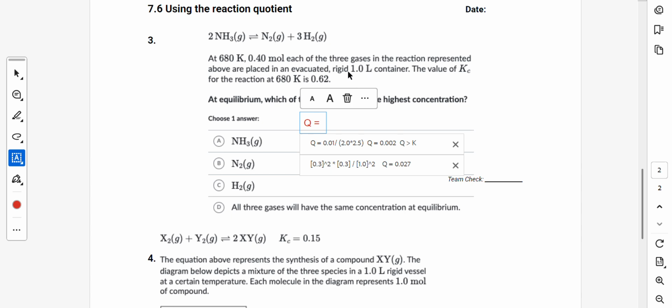Okay, so Q, let's just read the question again. So a 1 liter container, so moles divided by liters, that means this is my molarity. And our K value at the end. So they gave us our molarity and they gave us our K value. Did I use an approximation value?